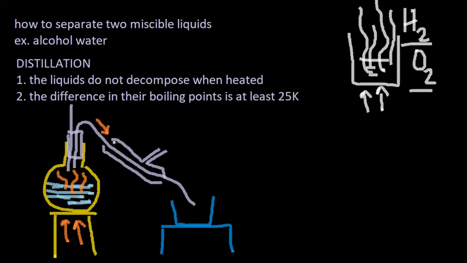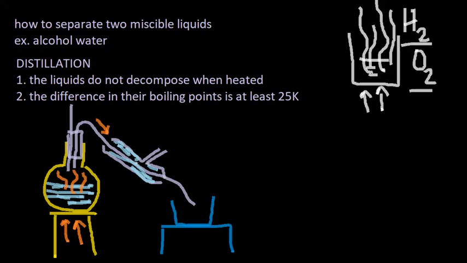Now this condenser is continuously supplied with cold water. So here always cold water is flowing inside, and through the cold water this tube is going. So these vapors of alcohol are passing through the tube, which is surrounded by cold water.